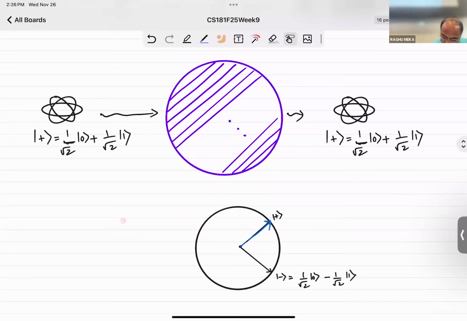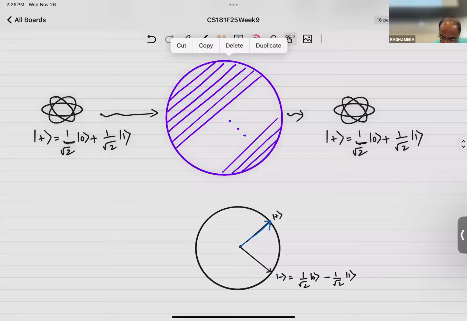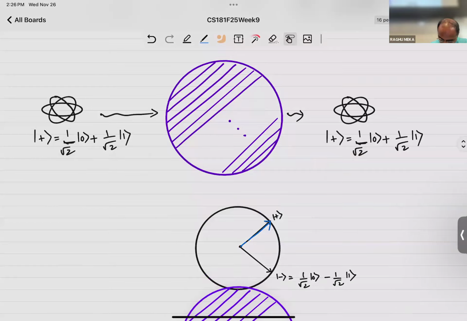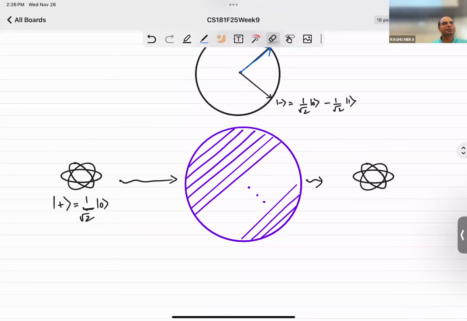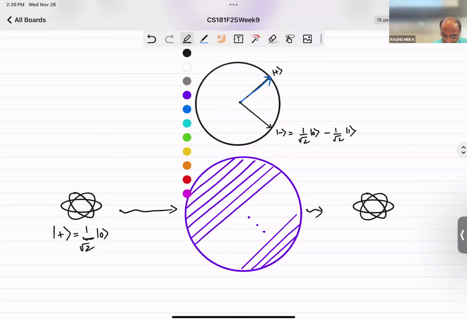And what happens if I do something slightly different? Let's say I send in a 0, what happens? Well, 0 is here. Okay. If I measure state 0 in the plus minus basis, I would get both of the outcomes with equal probability, right? So I need to calculate the projection angle.